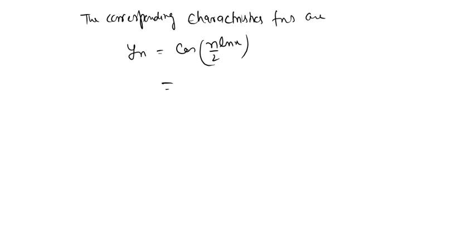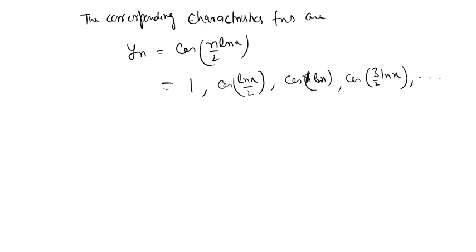So the first is 1, cos 0, for lambda equal to 0, then cos of log x by 2 for n equal to 1, then cos of log x for n equal to 2, and then for n equal to 3, cos of 3 by 2 log x, etc. So these are the corresponding eigenfunctions, and the first one comes from lambda equal to 0.